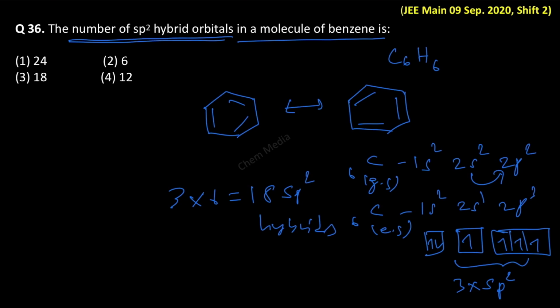So therefore the correct answer is option 3, because one sp2 hybrid will be utilized in making the sigma bond with the hydrogen, and we have 6 CH bonds, and then another sp2 hybridized orbital will be used in making the carbon-carbon sigma bond on one side, and then another one will be used in making another carbon-carbon sigma bond on the other side.